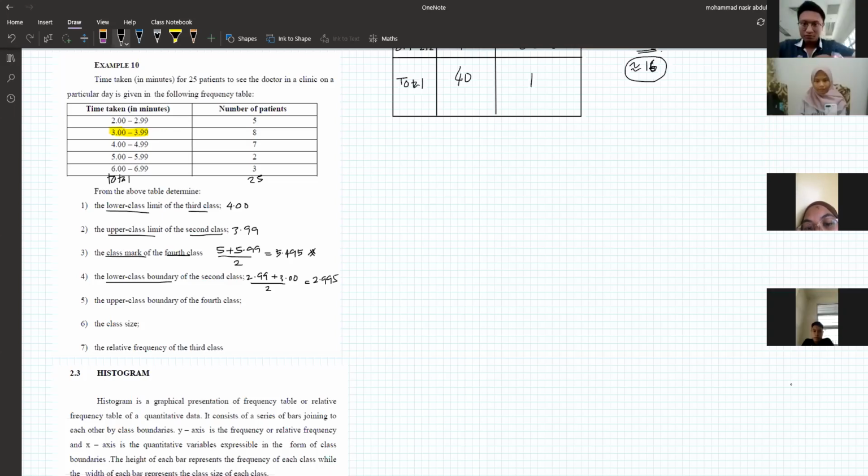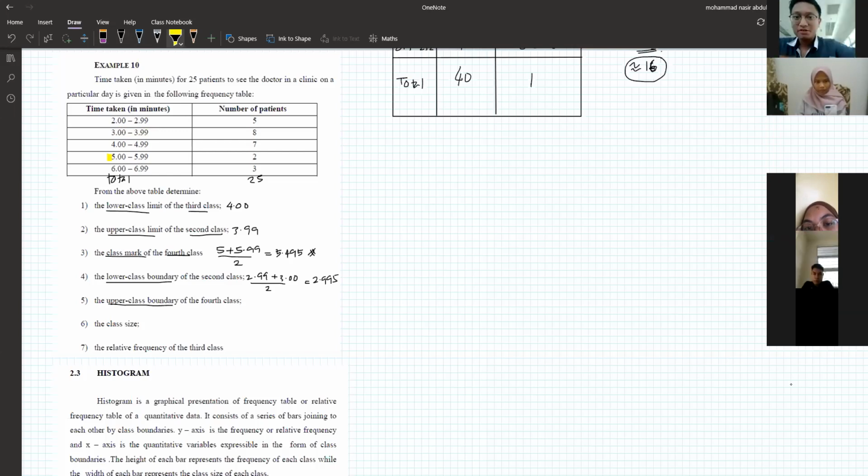Right? Upper class boundary for the fourth class. Where is the fourth class? This one, right? Upper class boundary, very simple. 5.99 plus 6.00 divided by 2 should be equal to 5.995.